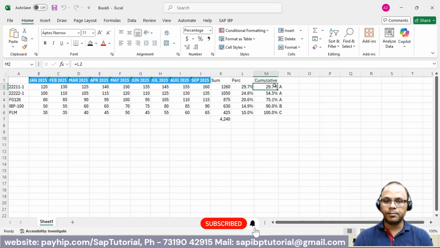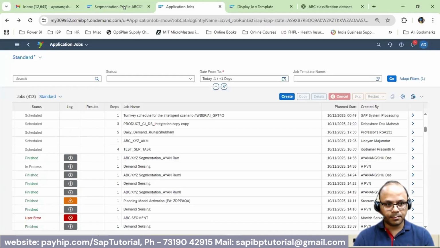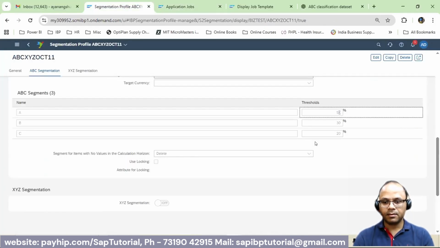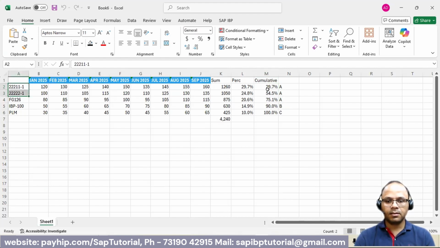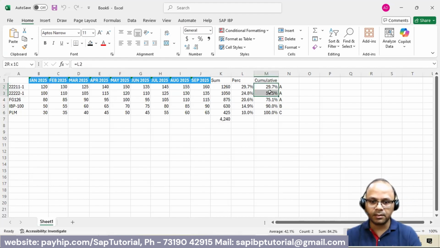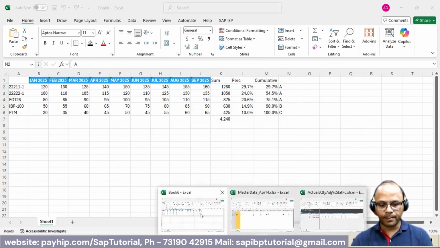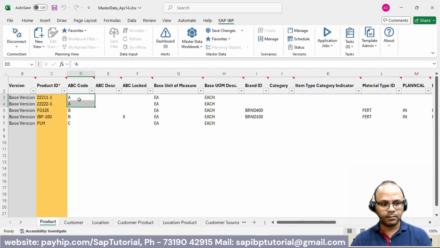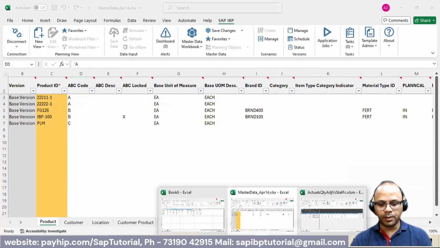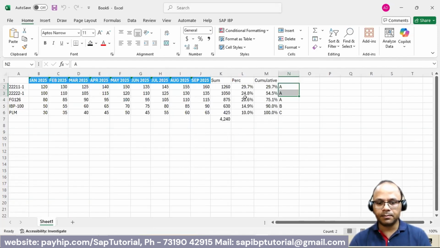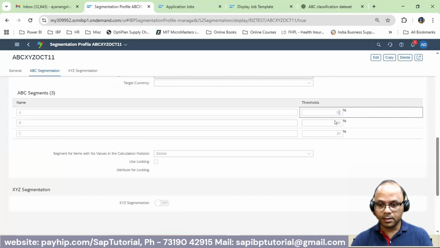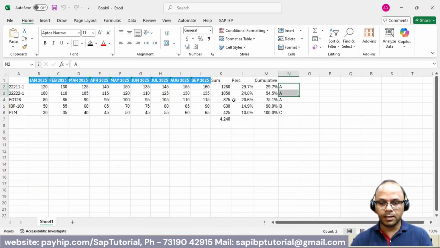So this becomes 29% and 54%. My A threshold is 50%. So these two products constitute the top 50%. That's why they are classified as A products, which we see in the master data, right? The next set of products has a threshold value of 30%.